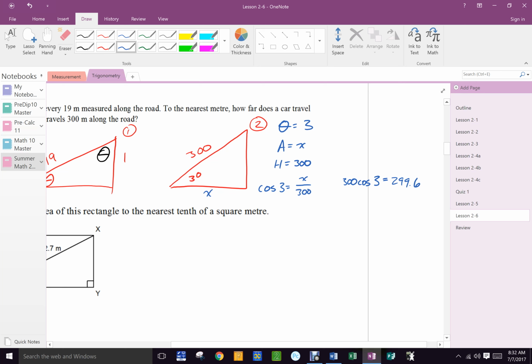Of course it does. It's shorter than the hypotenuse, right? And 3 degrees is going up like that much. So does it make sense that we didn't go very far? Sure it does. Because the triangle would really look like this, wouldn't it? Of course, these two are going to be close to each other.